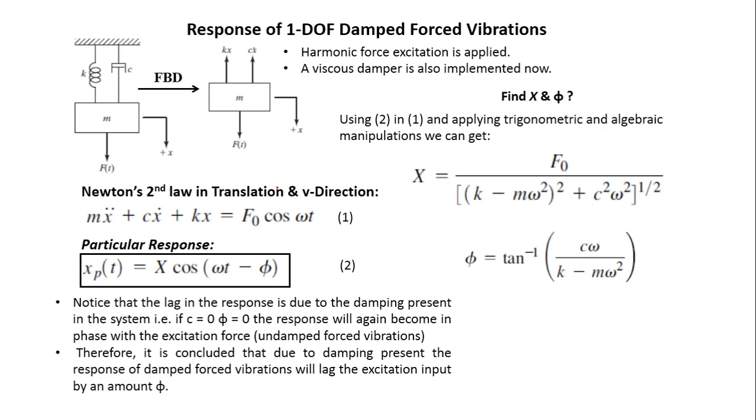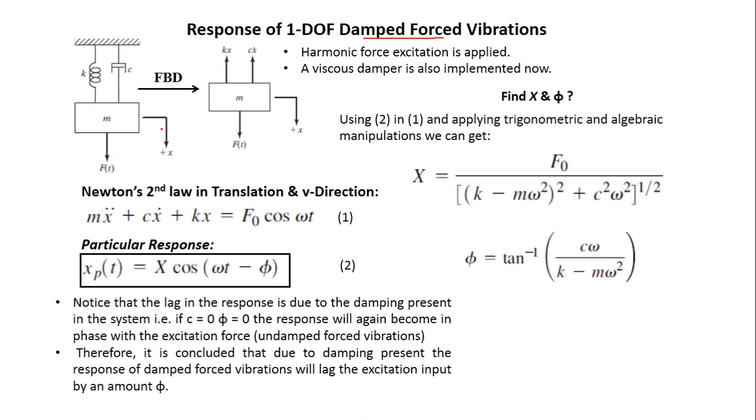So we approach the response of one degree of freedom damped forced vibrations. Now this time we are dealing with damped forced vibration. A damped forced vibratory system would look something like this. We have an inertia element M, a stiffness element K, and now a damping element C attached to the mass, and the same excitation F(t) is acting on the mass.